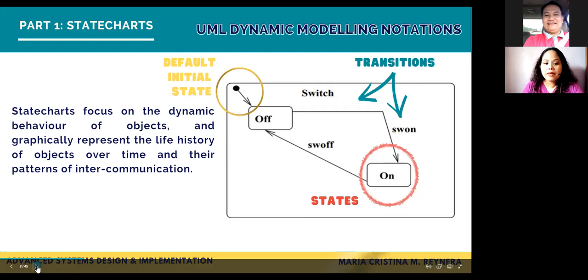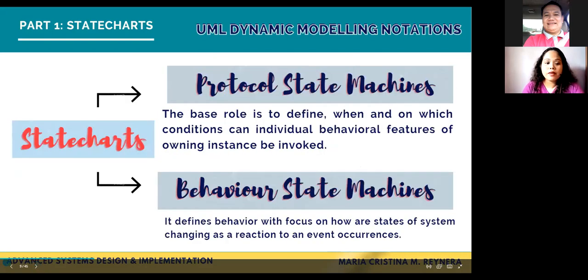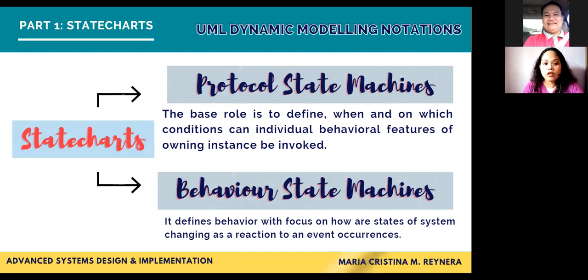Now, in UML, the state charts are divided into two kinds. We have the protocol and also behavior. If we're going to compare these two, the protocol describes the allowed life history of an object of a class. It has events on a transition or operation of the class, and a transition may have pre or post conditions. The base role of this one is to define when and on which condition an owning instance can use individual behavior features.